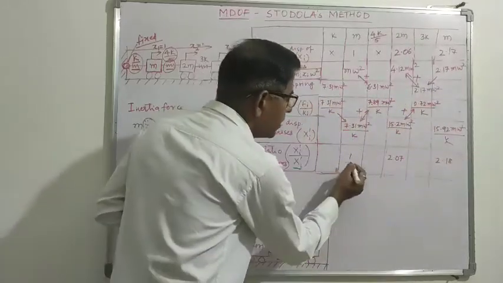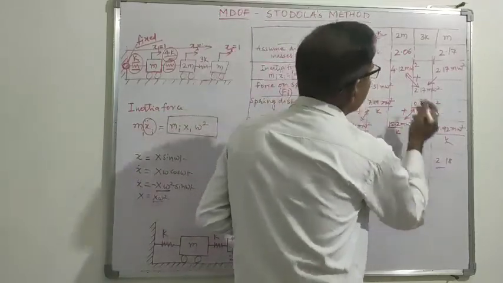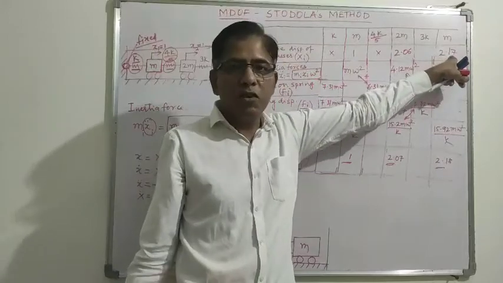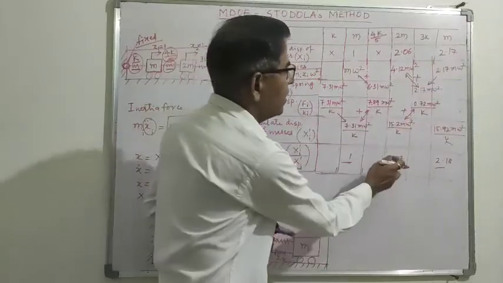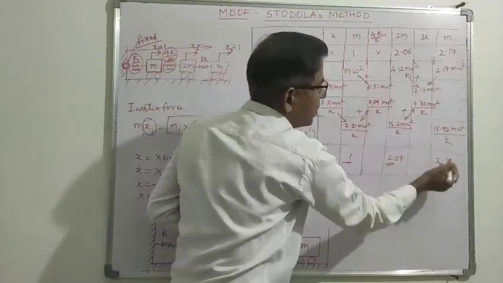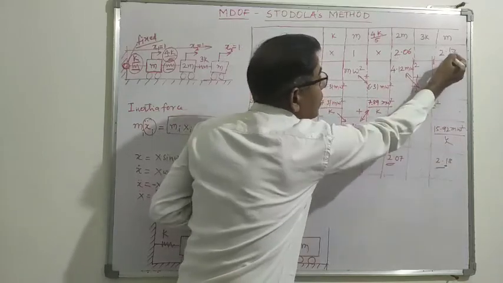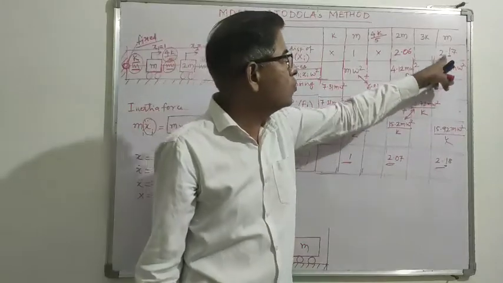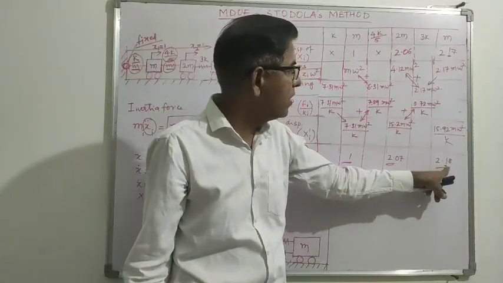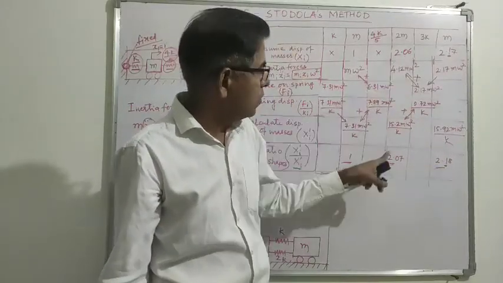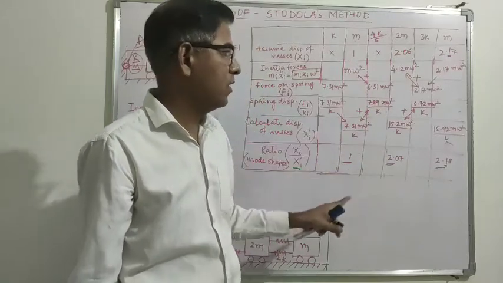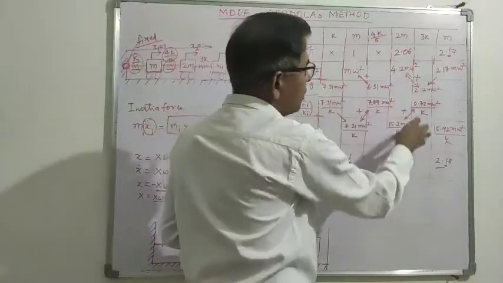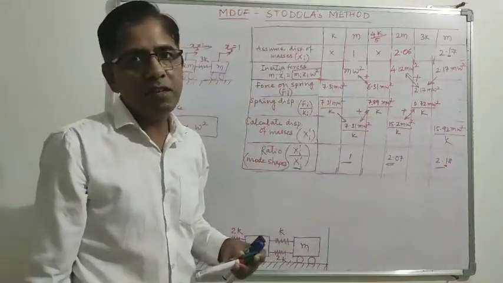Now if you compare these values with the corresponding values of the first row, then these values are converged up to the first place after decimal. So it is 2.1, it is also 2.1, 2.0, 2.0 and 1.1. So here the values are converged up to the first place after decimal.